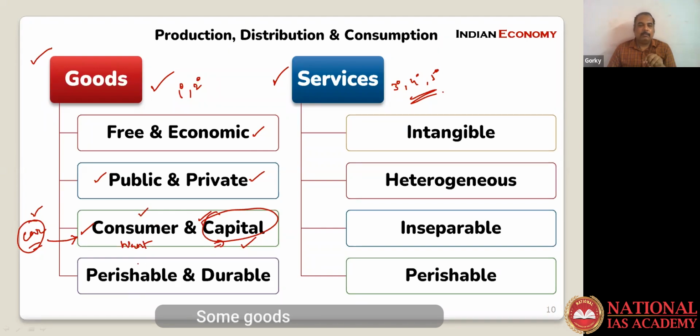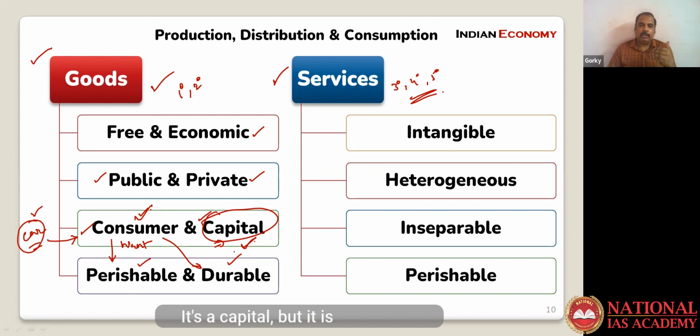Some goods are perishable, which will decay or get damaged within a short span, whereas some are durable, which last longer. Say, for example, consumer goods which are perishable, vegetables. Consumer goods which are durable, say television, sofa sets, and so on. Once you get it, you can use it for 4 years, 5 years, 10 years. Capital which is perishable, say for example, you get raw materials for your company.